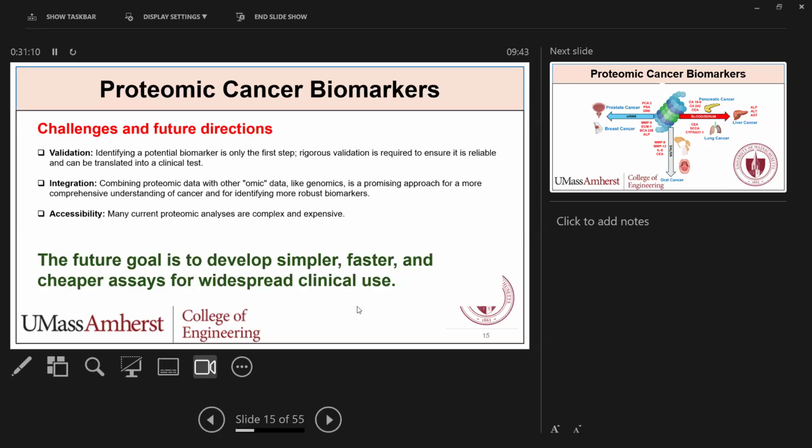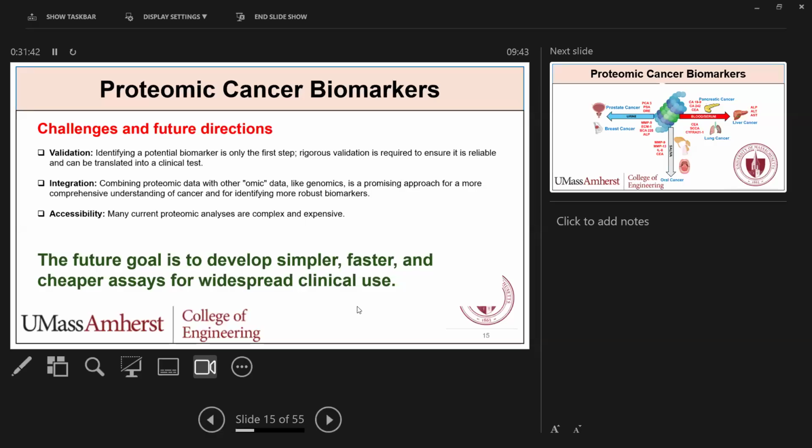So even though I boast a lot about these protein biomarkers, they have their own limitations and challenges. Identifying a potential biomarker is the first step, and the challenge is rigorous validation to ensure it is a reliable biomarker. We cannot take risk with a patient's life, right? So we have to be very sure when selecting that biomarker. We need to validate that yes, this biomarker is responsible for so and so cancer.